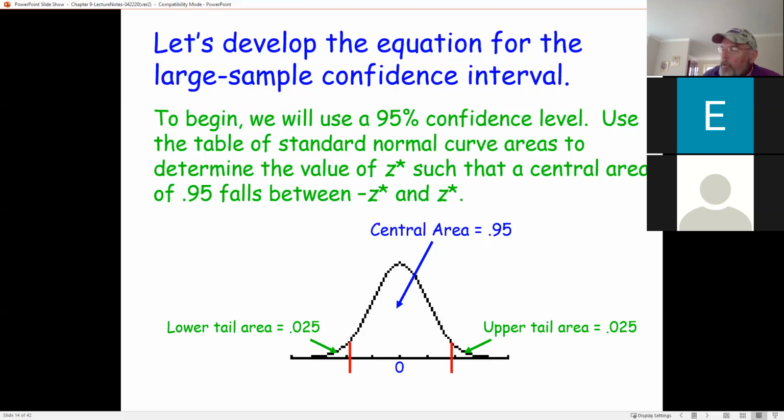And so we want to think about what the z-score is for those two limits. The z-scores that go along with those limits are negative 1.96 and positive 1.96. So we're going to be using the z-score to help us build a confidence interval.